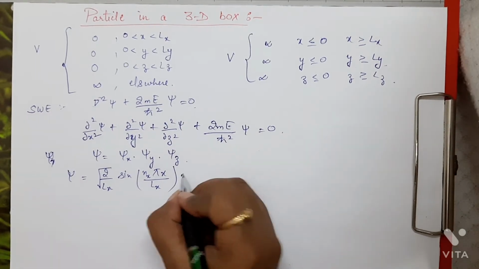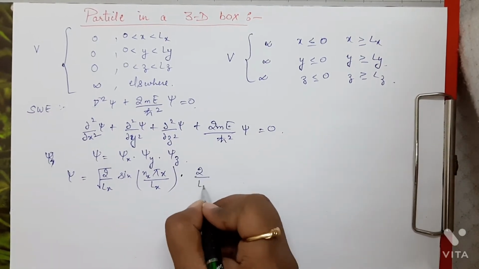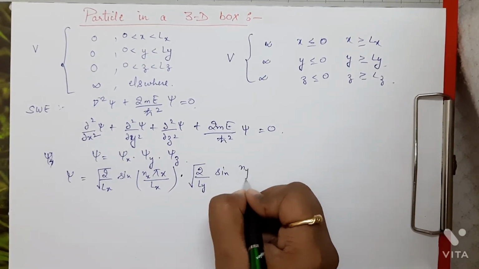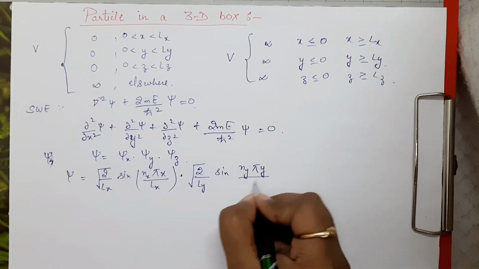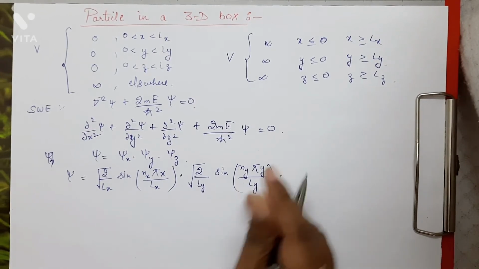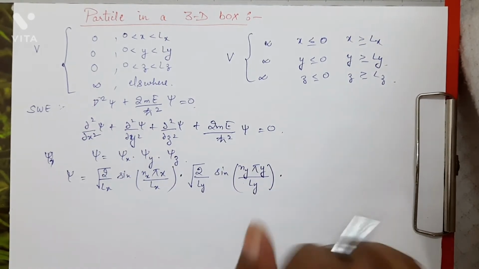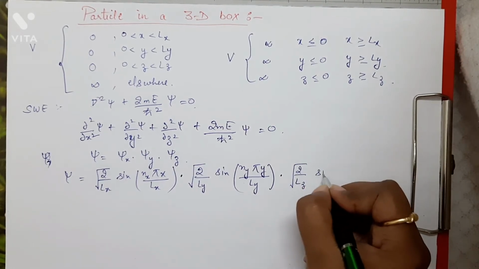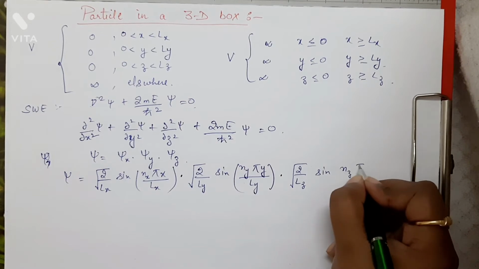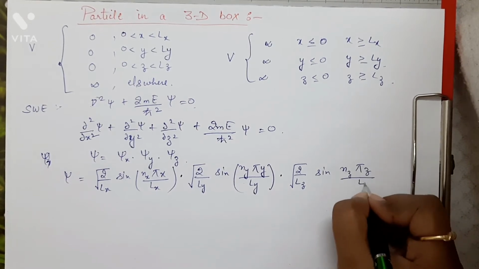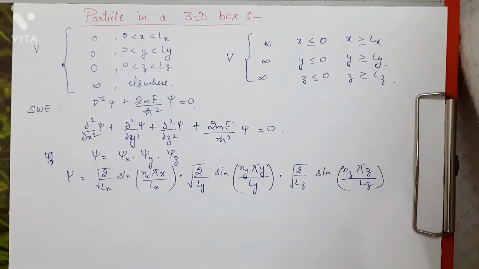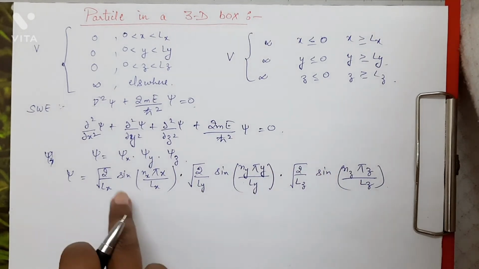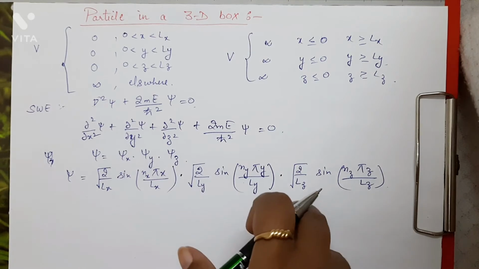Similarly psi y will be root under 2 by ly sine of ny pi y upon ly. This is psi y. Now psi z, root under 2 by lz sine of nz pi z by lz, right? So this will be the wave function for the corresponding particle in a 3D box.